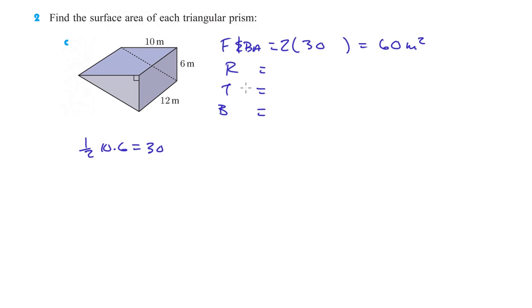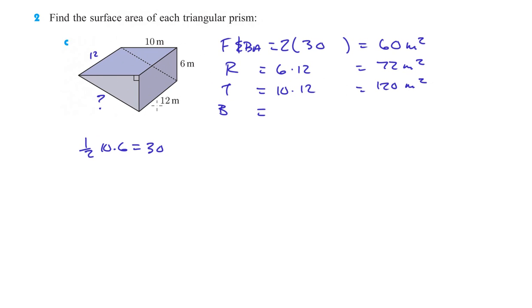The right side here is 6 times 12, which gives us 72 square meters. The top here is 10 by 12, 120 square meters.